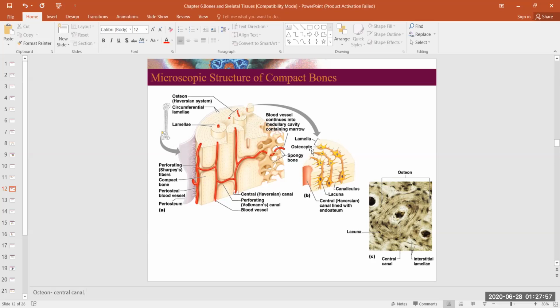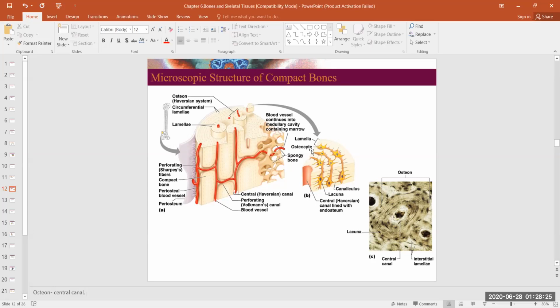Bone is a connective tissue, and connective tissue contains cells. Cells are very separate, and those cells produce matrix, and that is called connective tissue. And matrix has a lot of fibers, if you remember connective tissue. That's why in biology, particularly human anatomy and physiology, whatever you learned in the previous unit or lecture is going to be used and applied in the next section.